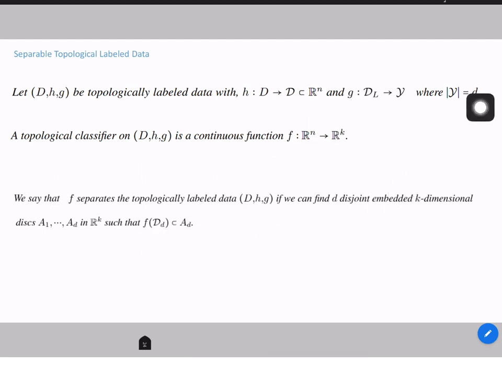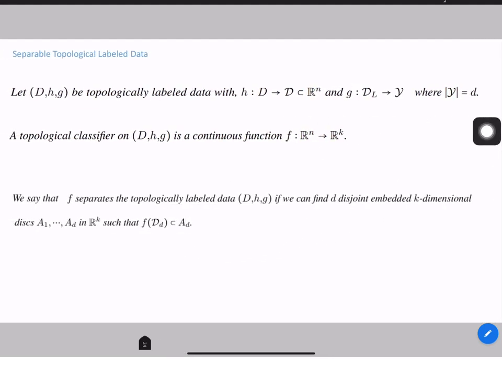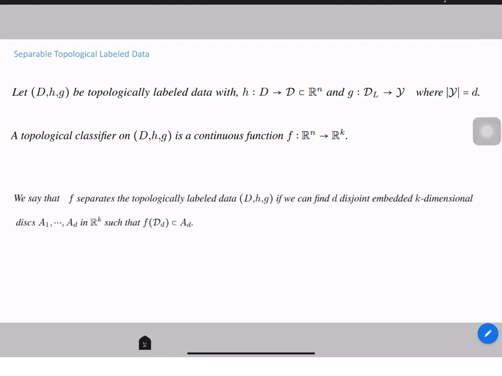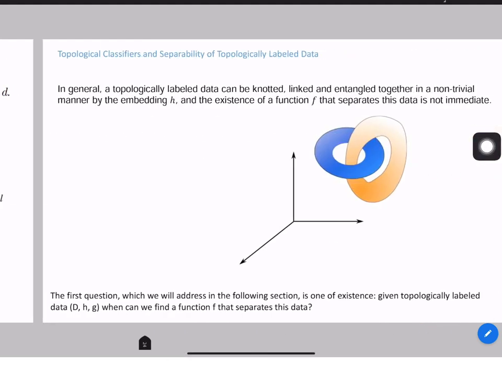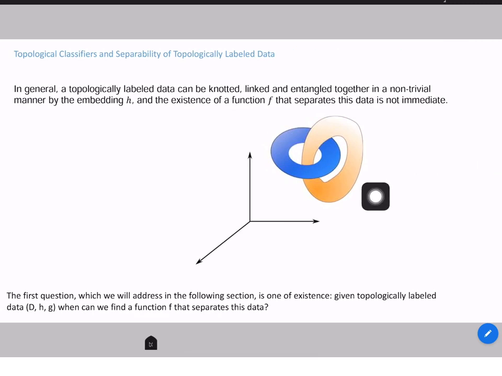So note that here, d is the number of disjoint sets, the number of sets that are determined by this function g. So indeed, a topological classifier, or even a classifier in a machine learning setting, tries to separate your data.